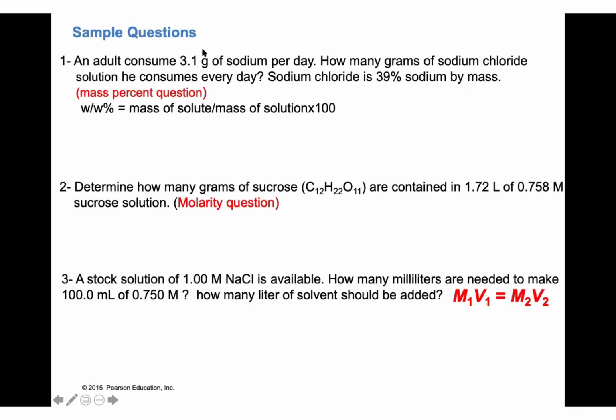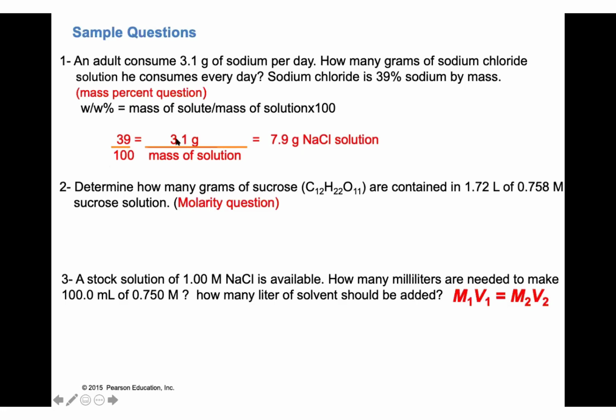So they already gave us the mass of solute, and that's basically the percent of sodium chloride solution. So what I'm going to do is put the mass of solute, 3.1 gram, divided by the mass of solution, and here is my 39%.